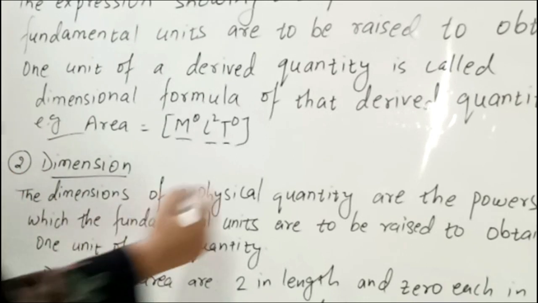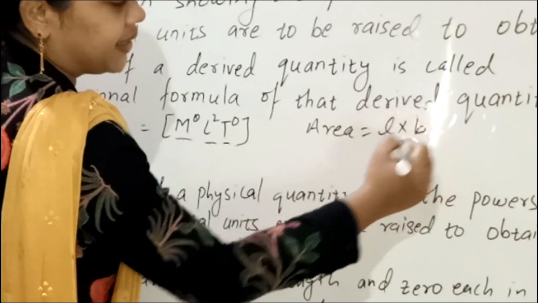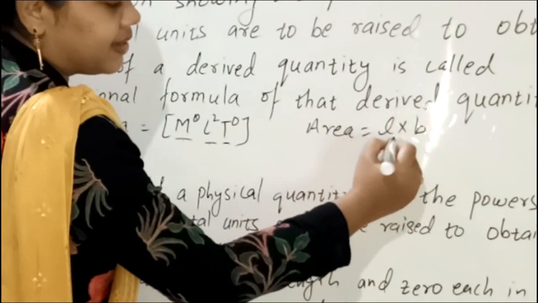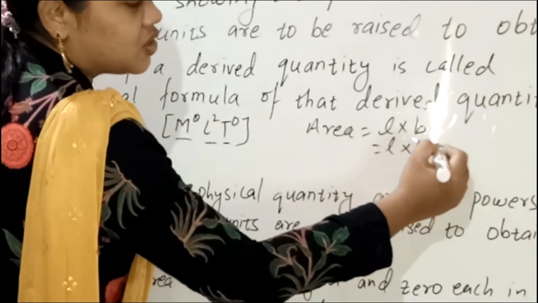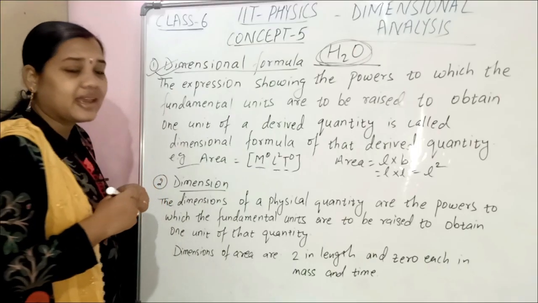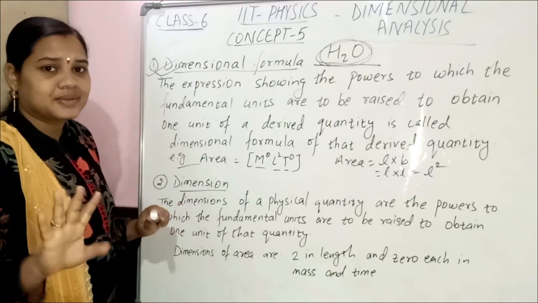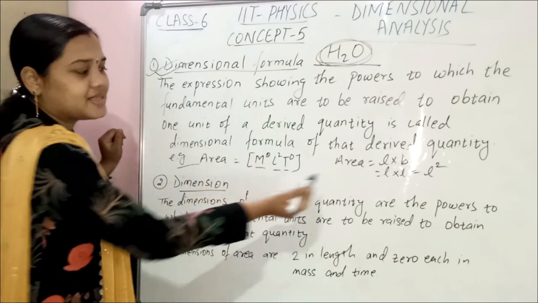So area is equal to what? Length into breadth. Breadth is nothing but length only. So L into L is L square. Here you can see in area there is no mass, so M power 0. Is there time?